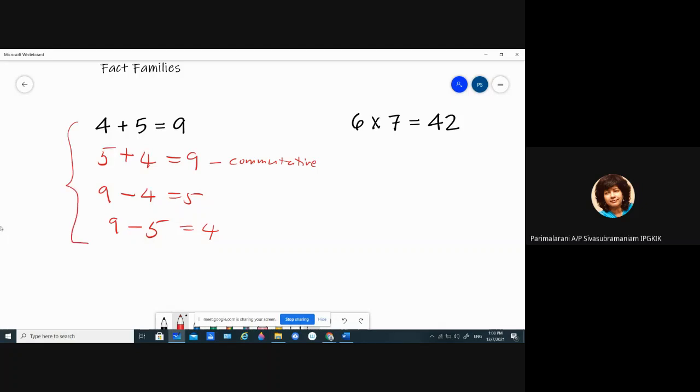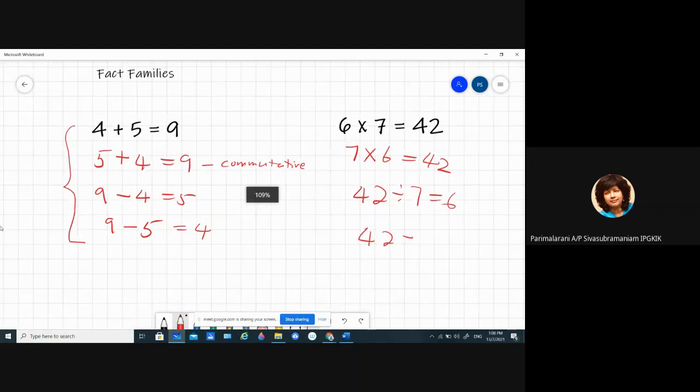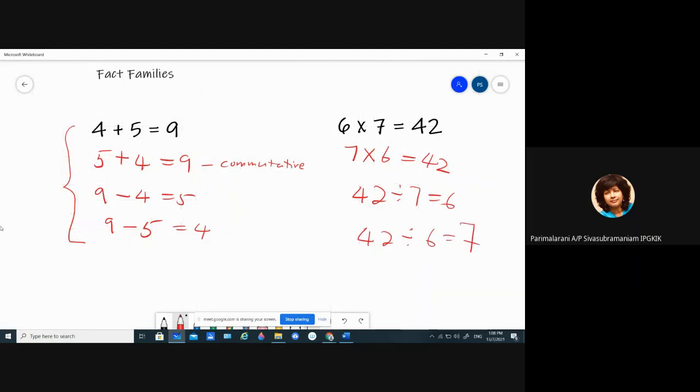Similarly, for 6 times 7, the fact family will be 7 times 6 is 42, 42 divided by 7 is equal to 6, and 42 divided by 6 is equal to 7. This is called a fact family. Each fact family has 4 facts. Addition and subtraction make one family. Multiplication and division make one family.